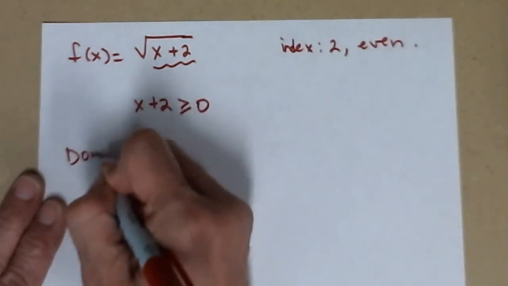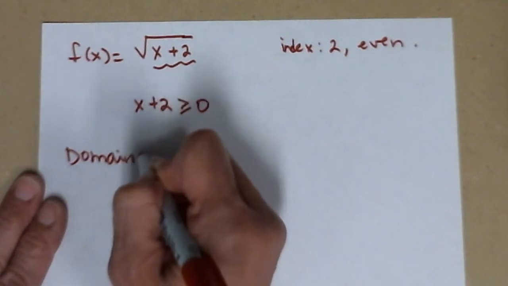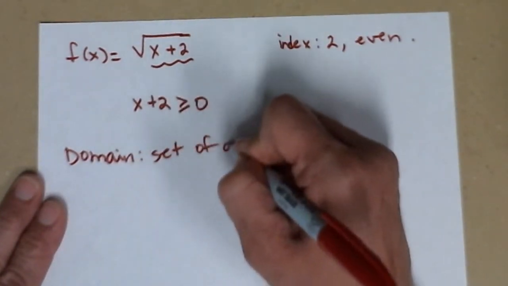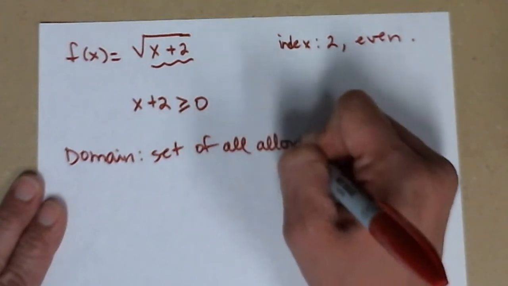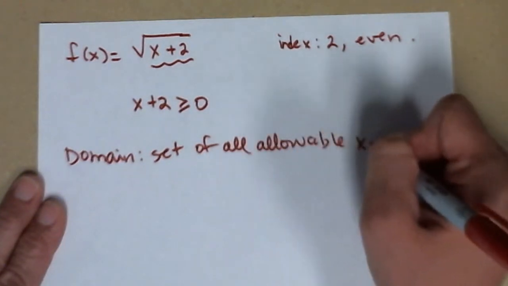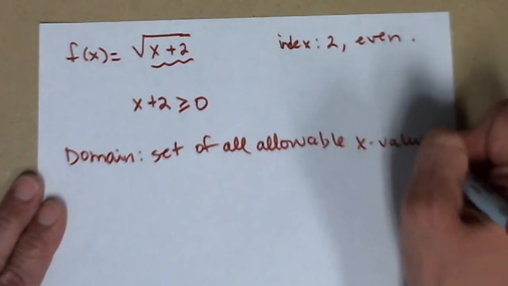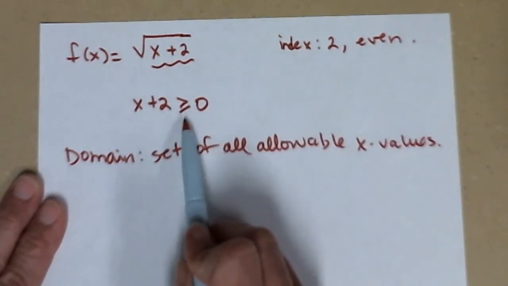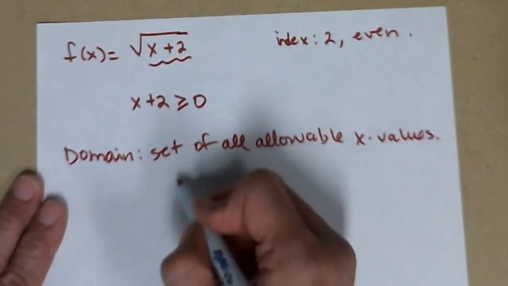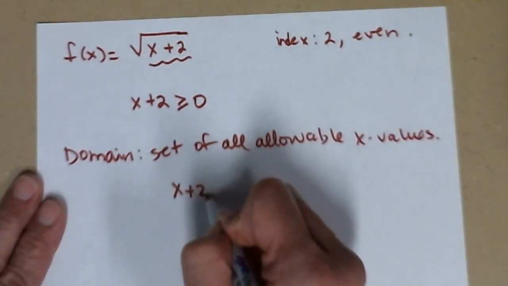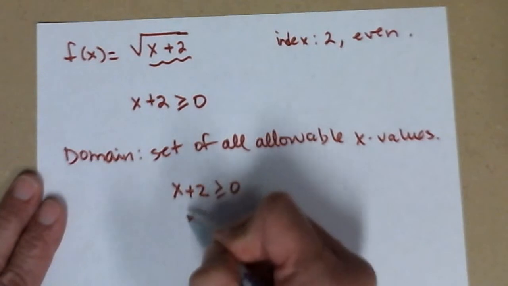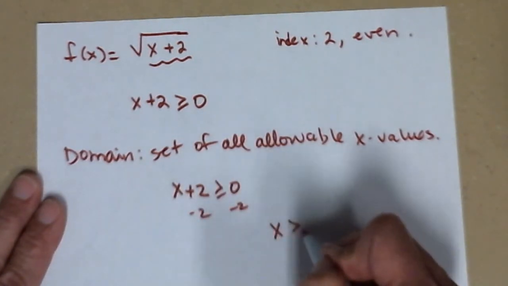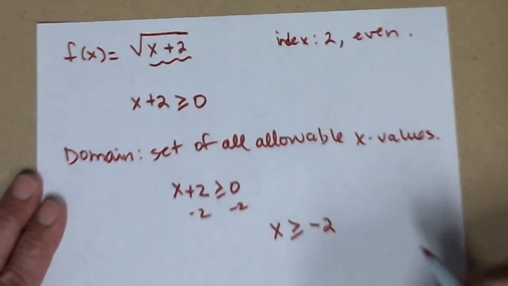Domain, another quick review: the set of all allowable x's. So what x's make this true? We can solve that little linear inequality, x plus 2 greater than or equal to 0. Subtract 2 from both sides. x has to be greater than or equal to negative 2.